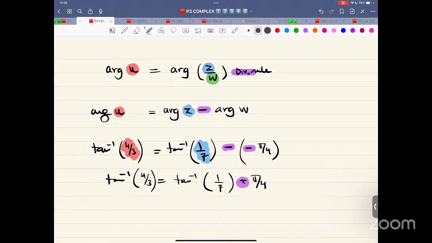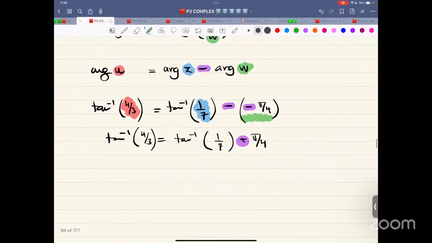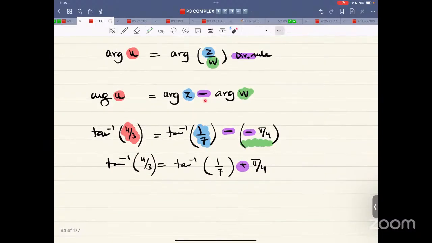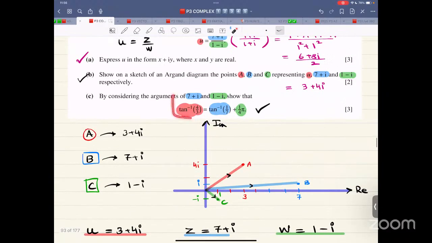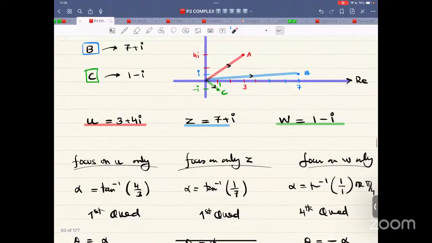And argument of W, that is this thing. Because of this, there is a negative sign over here. So tan inverse 1 over 7 minus pi by 4, that is pi by 4. That is how this thing is obtained. A very classical question. There are also questions related with conjugates.